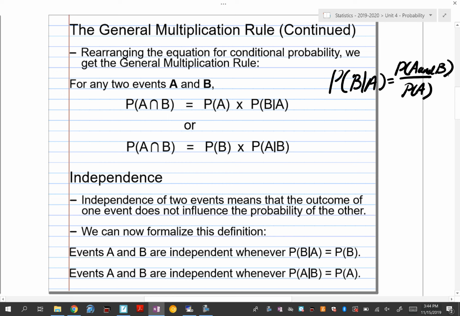If you solve for this one, you just move this one over, the probability of A, over with multiplication. So that's how they get that. That's just algebra. So you don't have to memorize another formula. You just have to use the conditional probability and try to find what's missing.